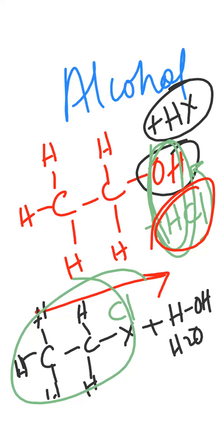That is not that much reactive. So we need a catalyst now to speed up the reaction, to lower the activation energy. What catalyst can we use here? We can use an acid. Acid could be H2SO4. You can use H2SO4 here.